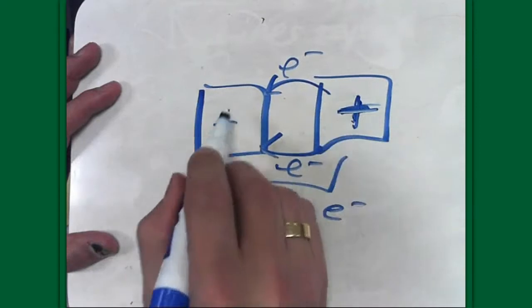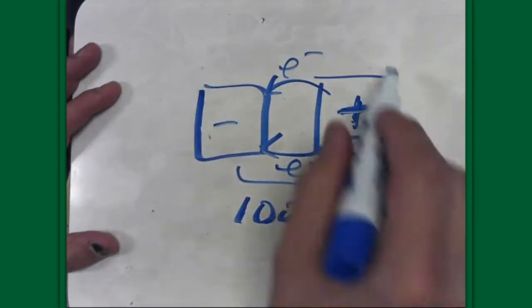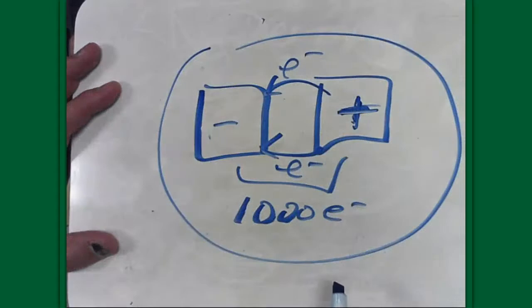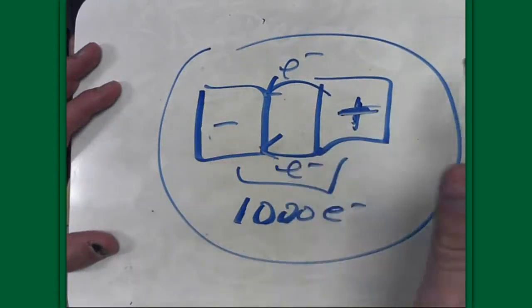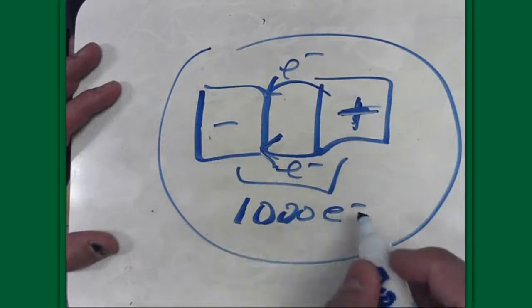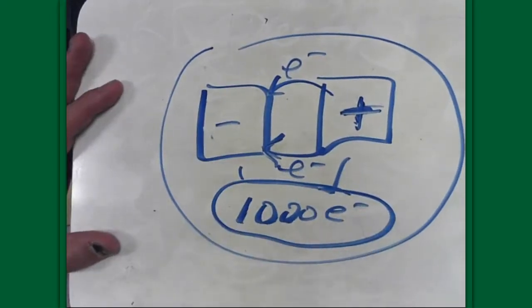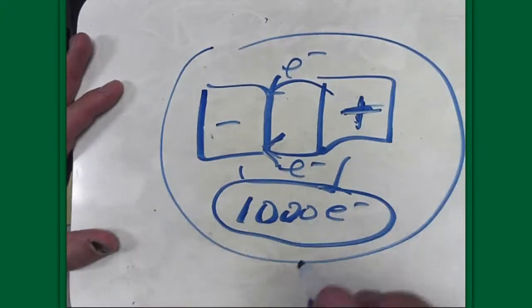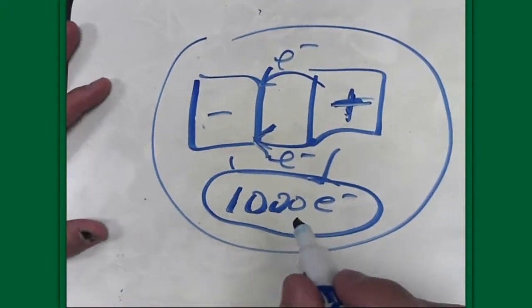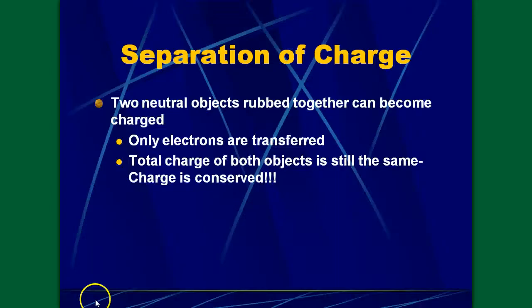So they're no longer neutral. They're positive and negative. But if we count up the number of electrons again, remember that we didn't bring any electrons in and no electrons were transferred out, assuming that this is a perfect environment. So we still have 1,000 electrons. The total amount of charge in these two objects remains the same. That's what we mean by saying that charge is conserved. We have the same number of electrons before as we do after.